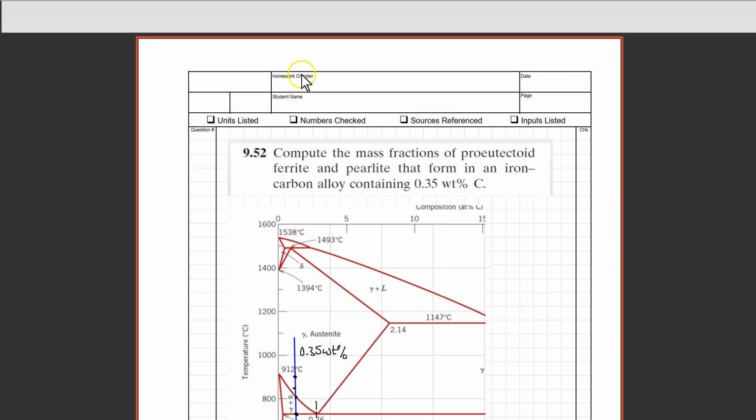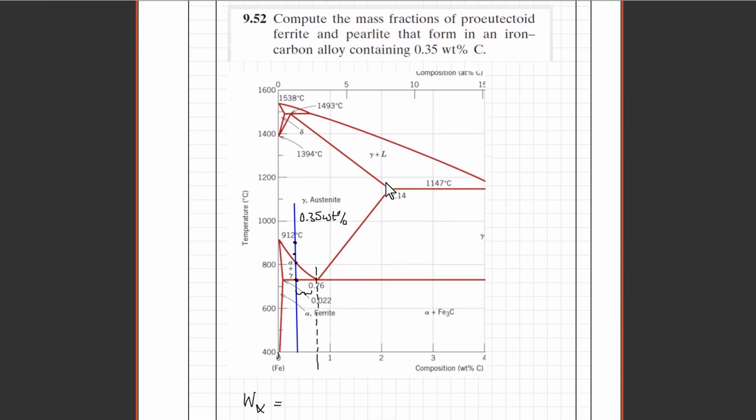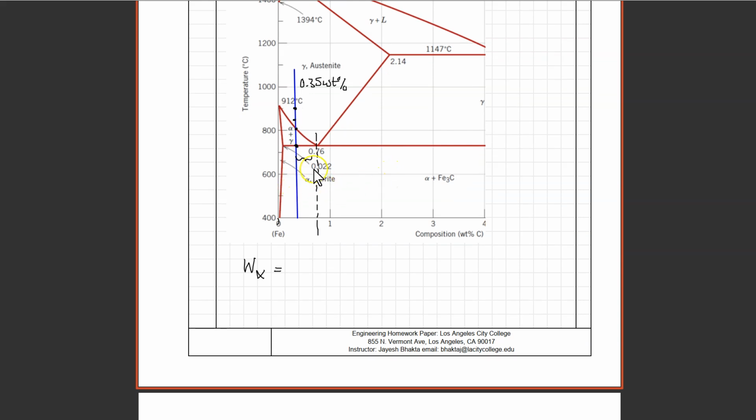What are the two phases? We've got pro-eutectoid ferrite and pearlite. The mass fractions of these two must add up to 100%. So when we draw our tie line, we want to look at the composition of the alpha phase, which is right there, which is 0.022. And then the composition of the microconstituent, which is 0.76. This is the composition of pearlite.